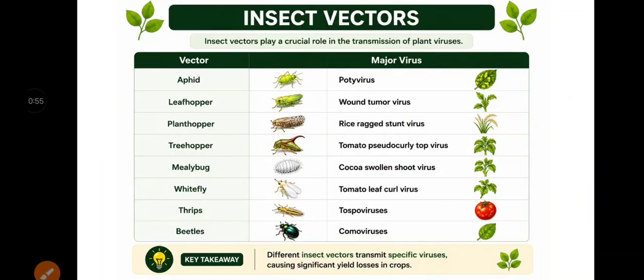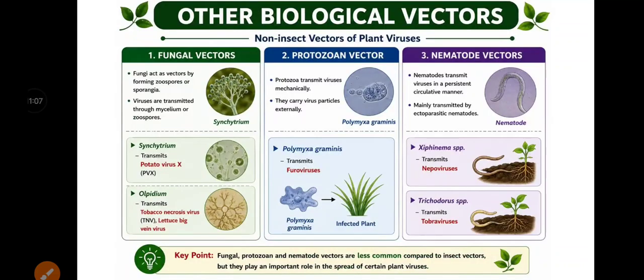Next, the most important, the insect vector. If you consider the biological agents for virus transmission, the most important is the insect vector. Apart from this, the fungus, protozoan and nematode also transmit viruses, but these three are minor biological vectors.